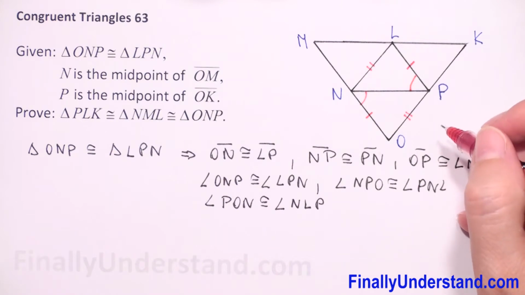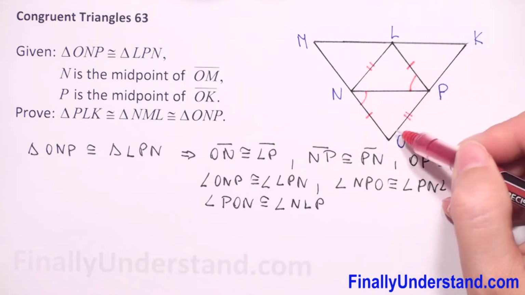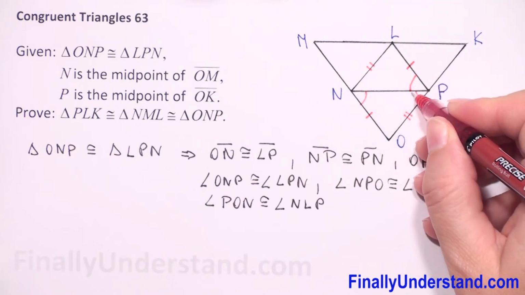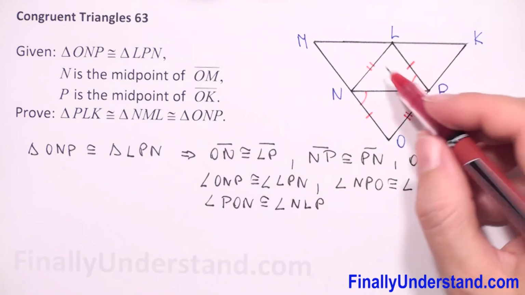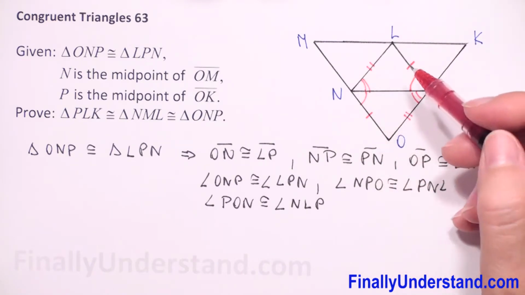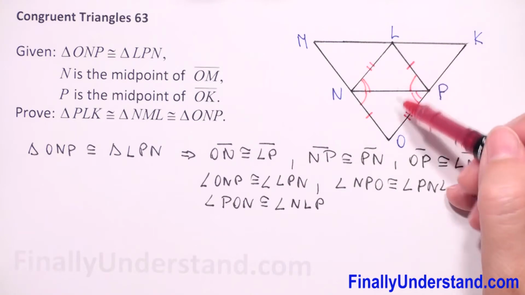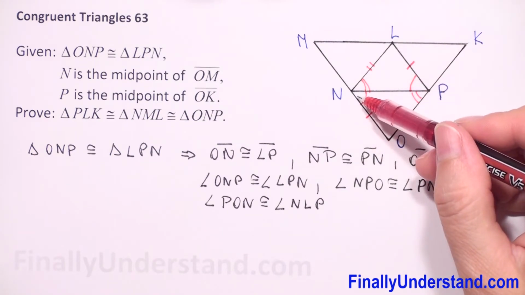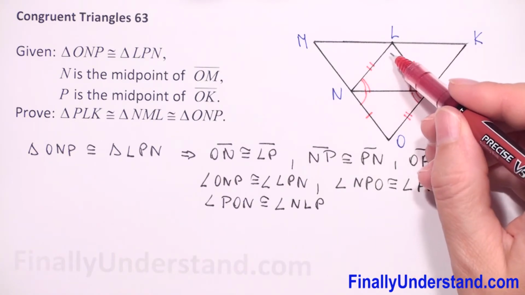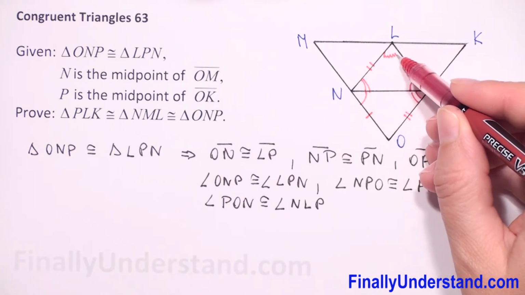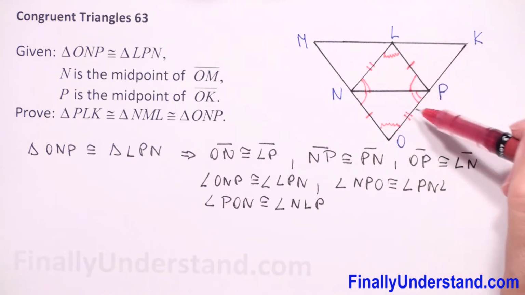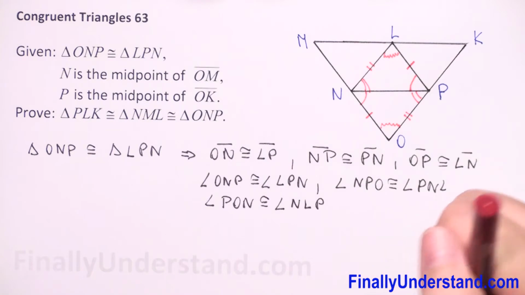Next we have that NPO is congruent to, let's put two marks now, PNL, and angle PON is congruent to NLP. So let me put this mark. This is given.